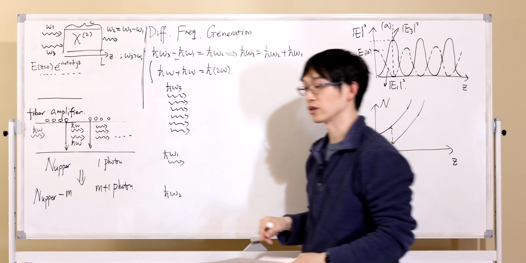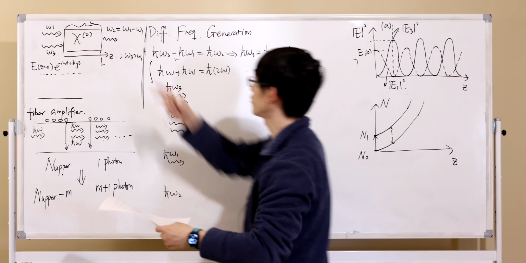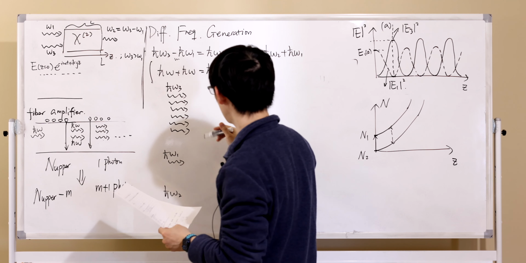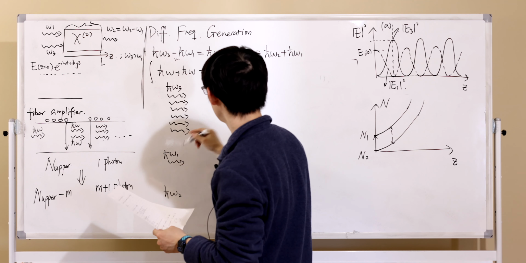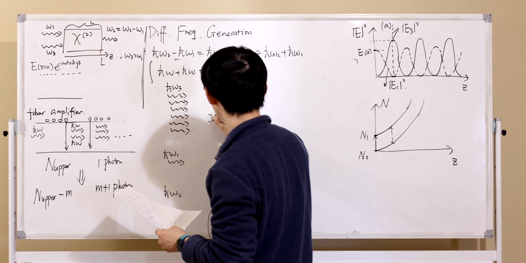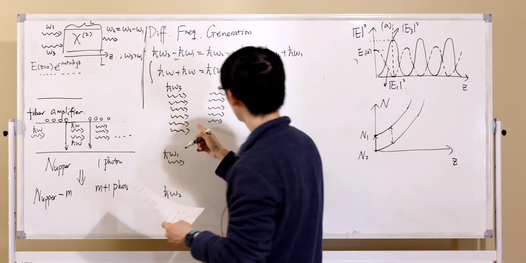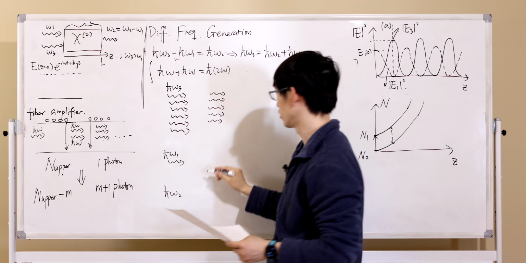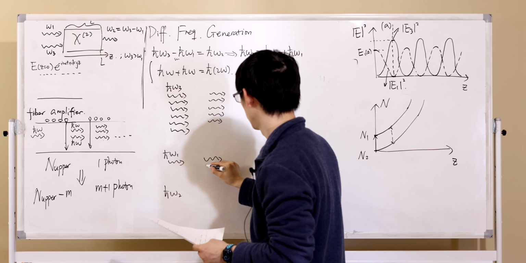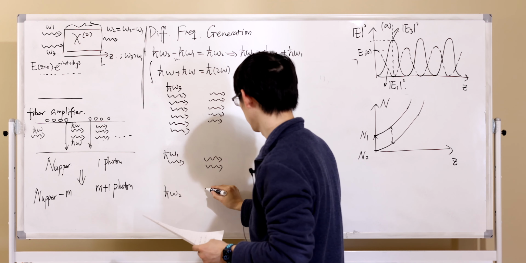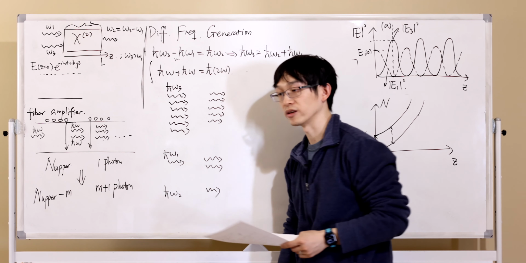This is your initial state. Then you go into this difference frequency generation, and what happens is that you consume one ω3 photon, and then you generate one ω1 and one ω2 photon.